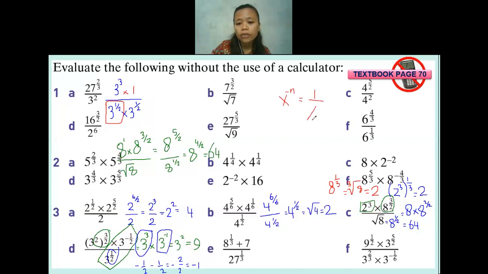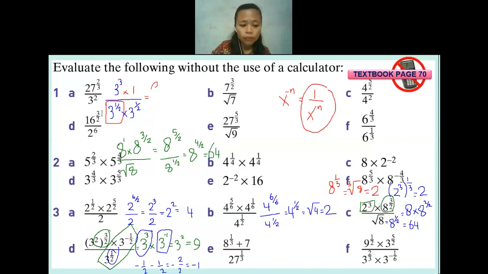A negative power, we can make it into a fraction. Remember, x to the power of negative n will be the same thing as 1 per x to the power of n. So in here, we have 3 to the power of negative a half. It will be the same thing as 1 per 3 to the power of a half. The negative is gone when you change it into a fraction.